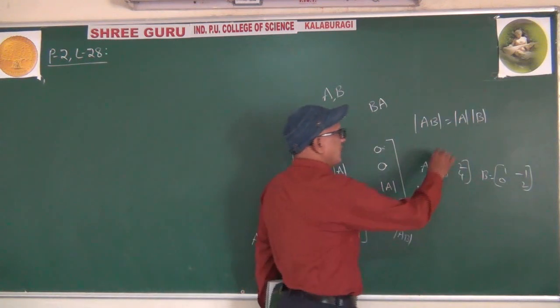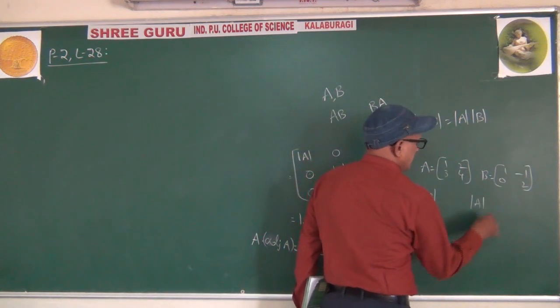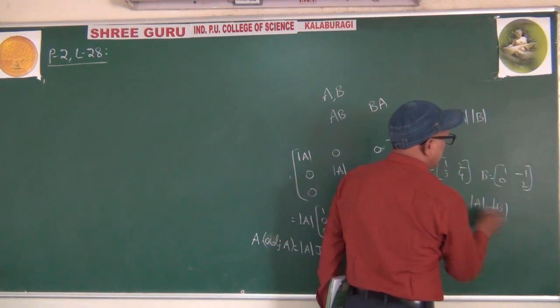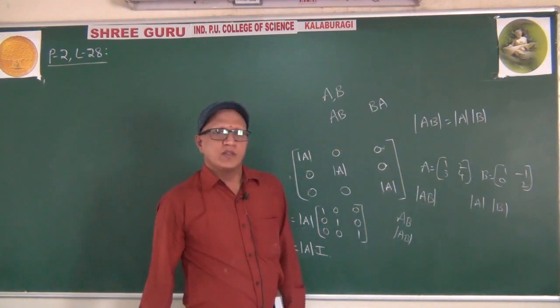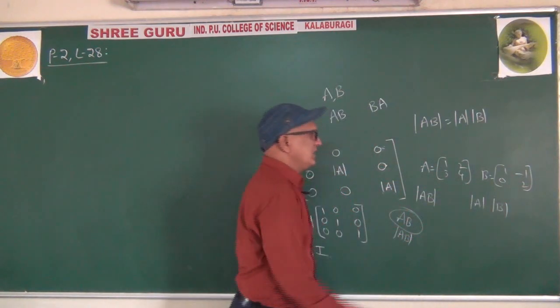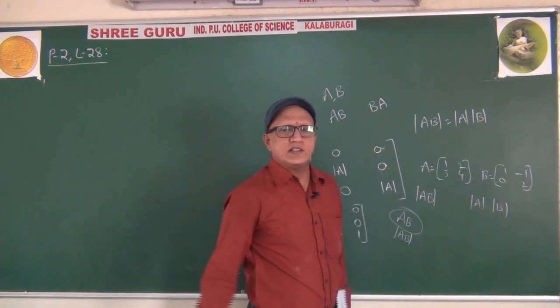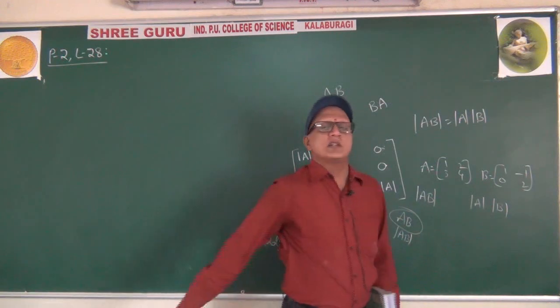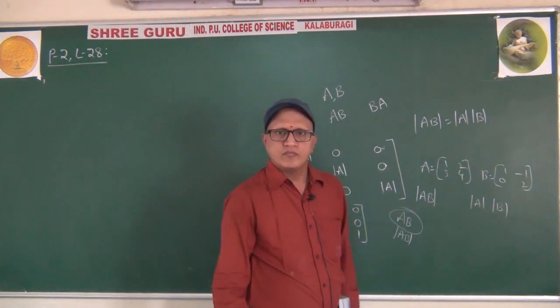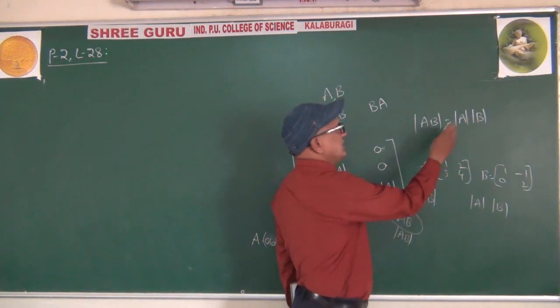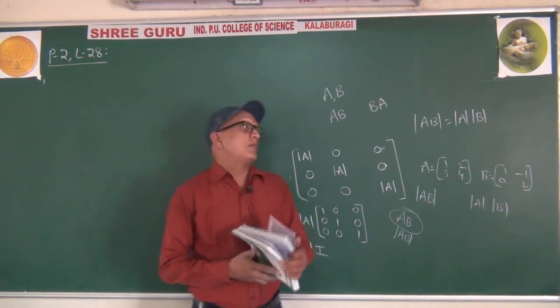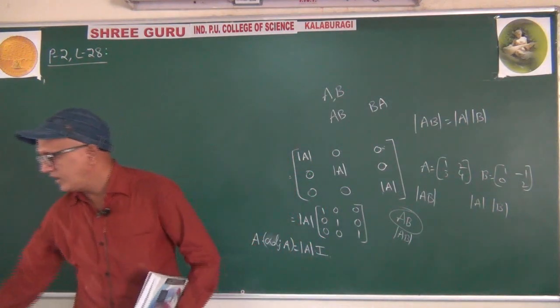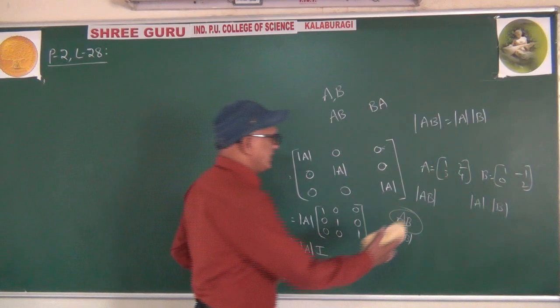Another method is find determinant of A, find determinant of B, and multiply both. Finding determinant A is easy, finding determinant B is easy, multiplying two numbers is even easier. So that's why the concept is there. Remember that determinant of AB equals determinant A into determinant B.